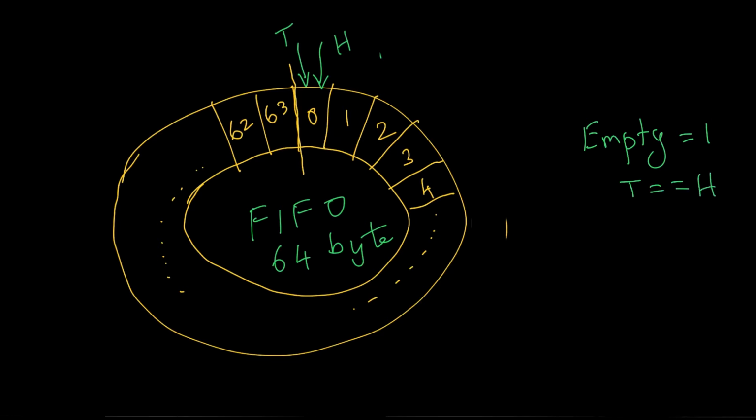The head pointer is the pointer that helps us write into the FIFO, so wherever the head pointer is pointing is where we will write. The tail pointer shows us where to read from.